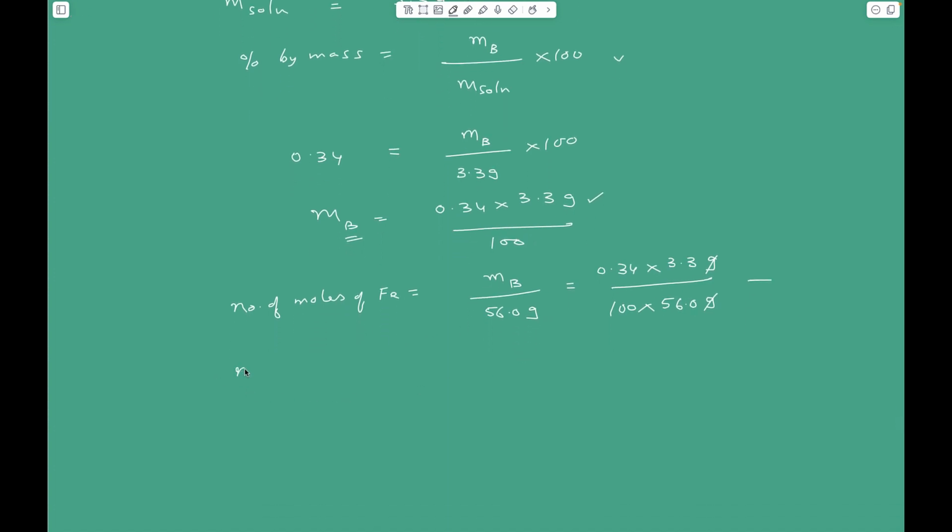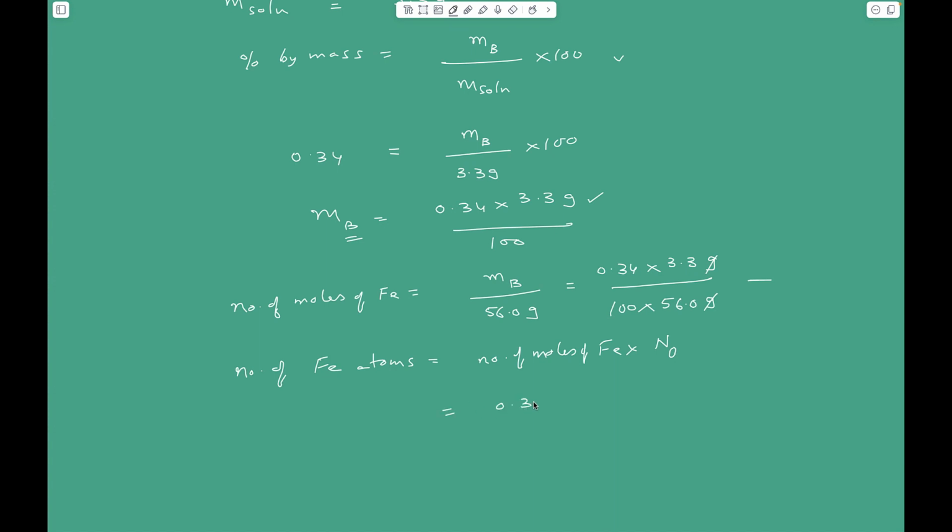To get the number of iron atoms, what do you do? You multiply the number of moles of iron with Avogadro's number, capital N, or N with the subscript 0.